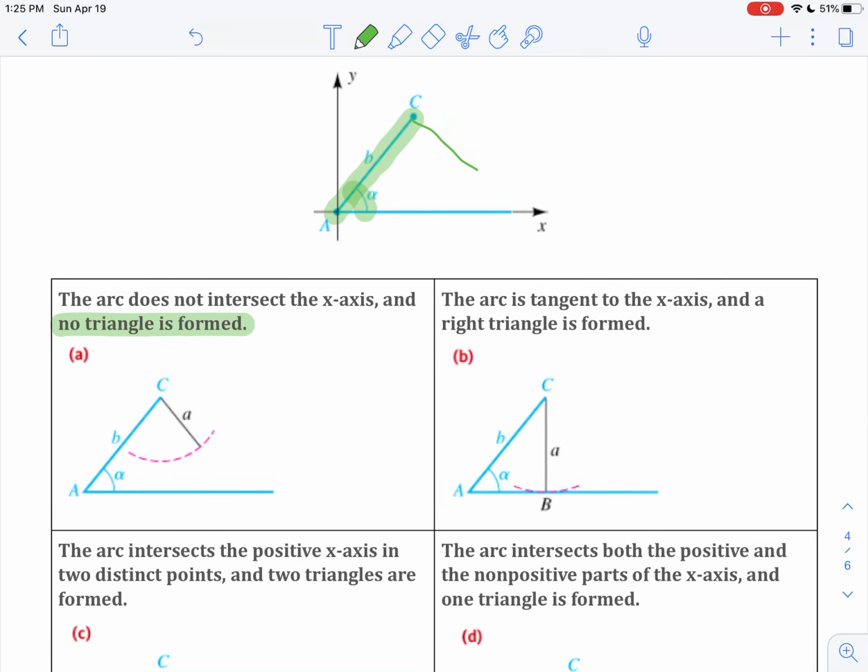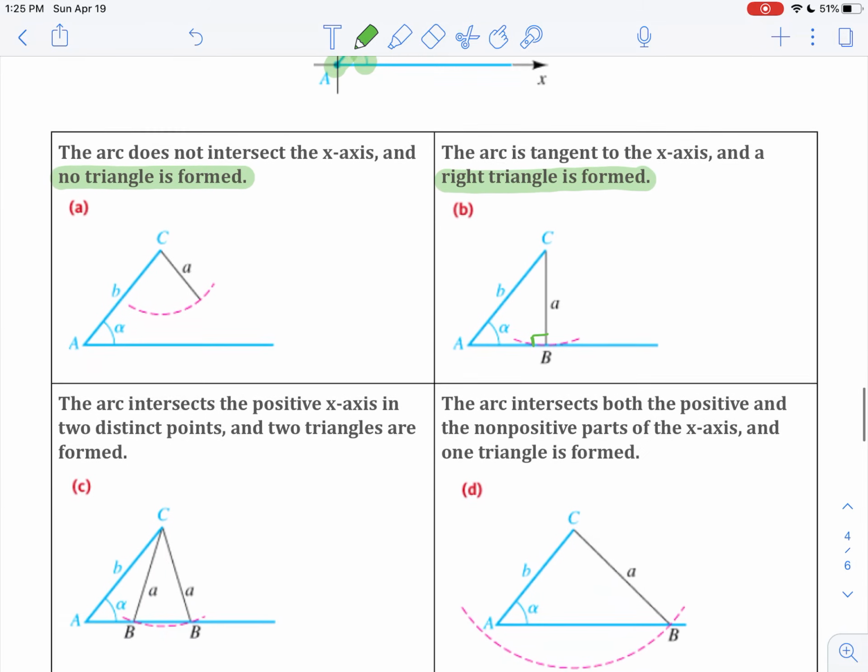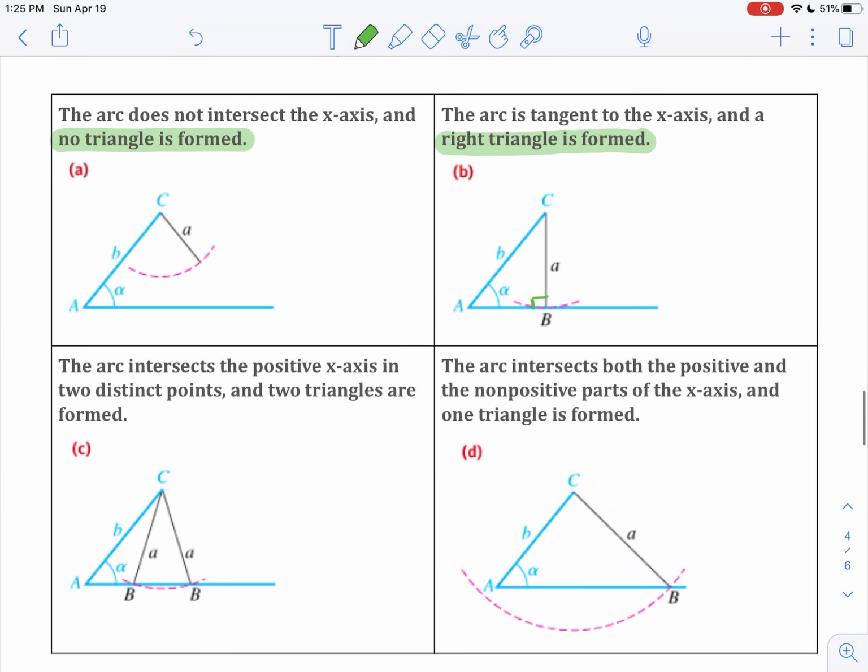Another case is that side is exactly right and that you could end up with a right triangle. Okay, so like this would be hitting at 90 degrees. The other case is that this third side could actually be here, okay, or it could be here.